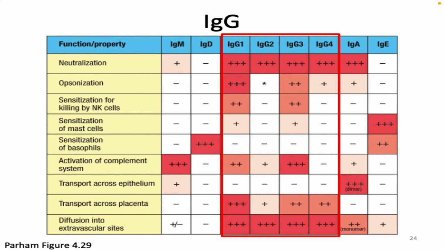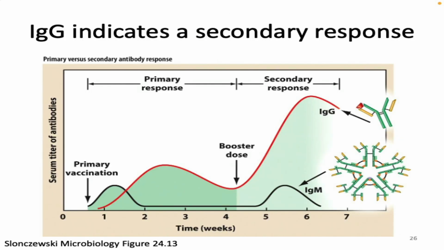Again, when I think about IgG, there are a couple of big things that I think of. One of them has to do with the timing that it is made in the response. I've already told you about IgM, which is shown in black, being made first in a response, and other types being made later, and IgG is shown in red.